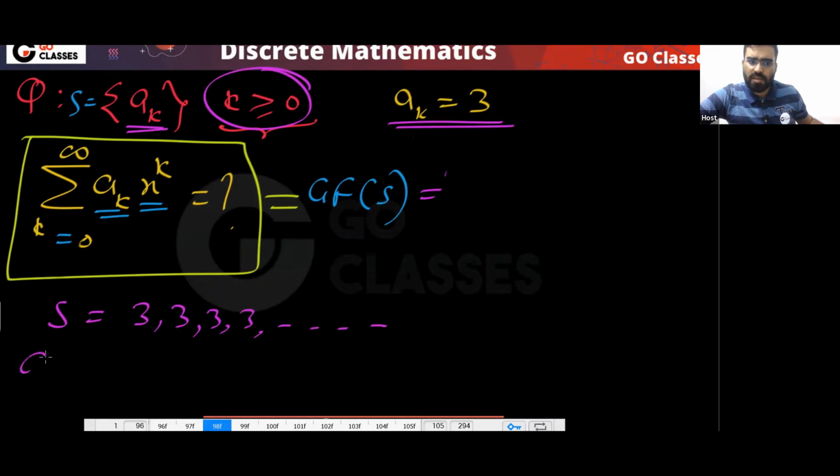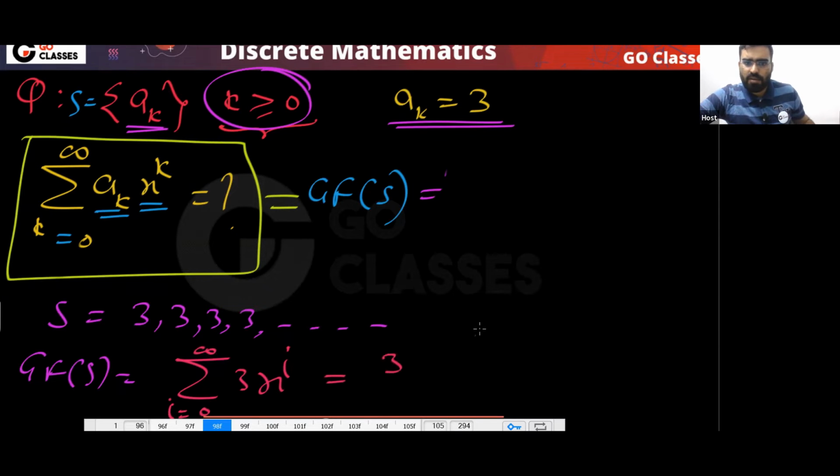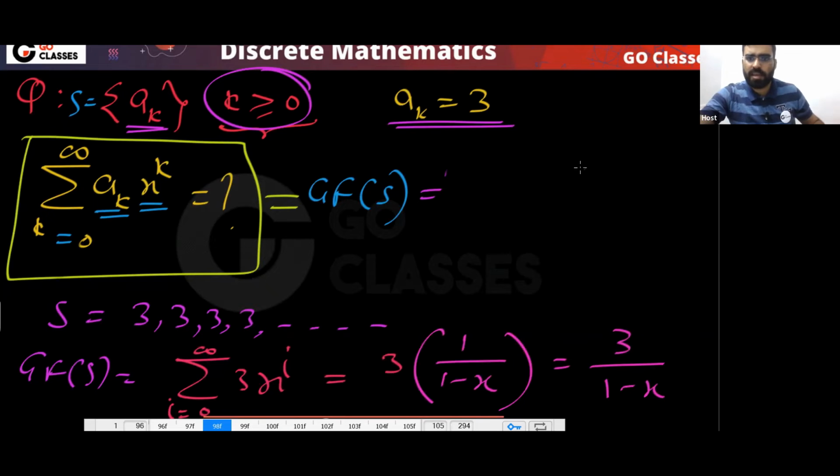The generative function will be 3 into x power 0, so the summation of 3 into x power i, where i goes from 0 to infinity. That will be 3 multiplied by 1 upon 1 minus x, that is, 3 upon 1 minus x. This will be your answer.